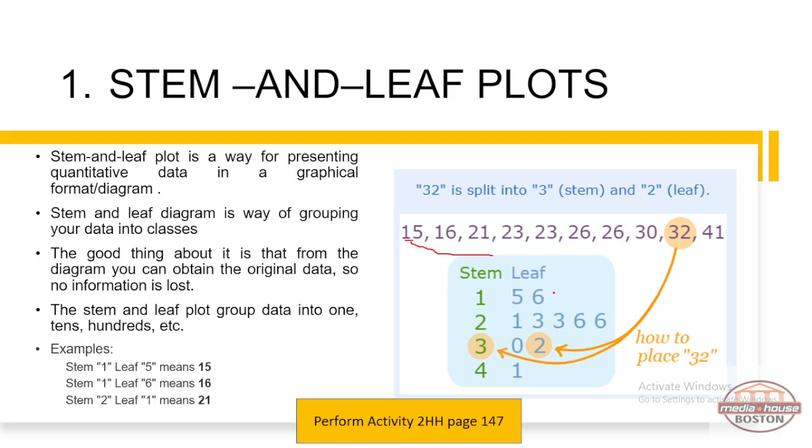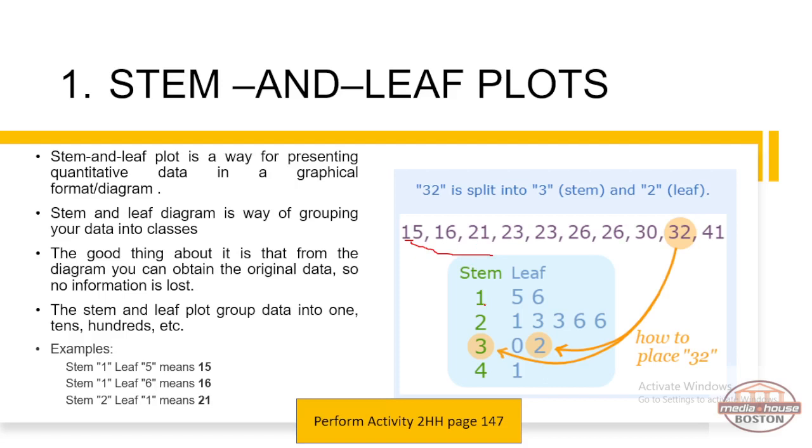The most important point is that your data will not be organized at first, so the best way is to organize your data from the smallest to the highest, and then you can identify your range.